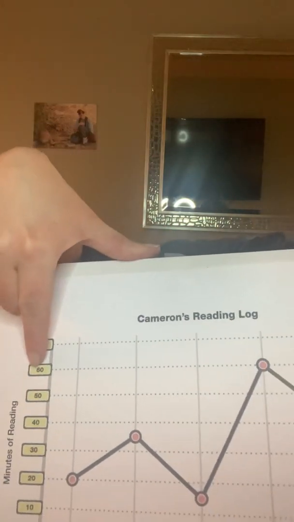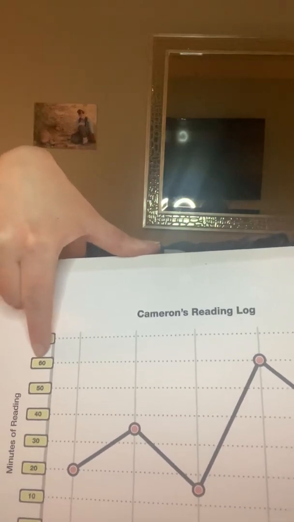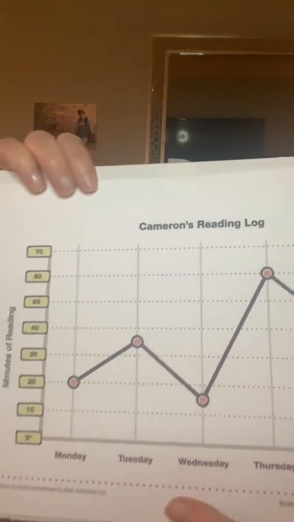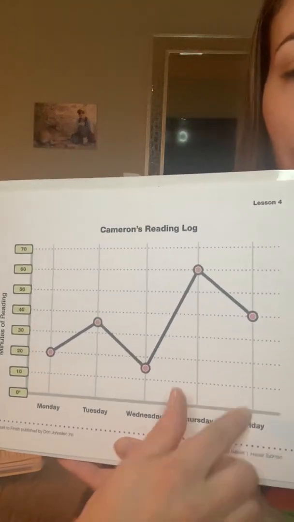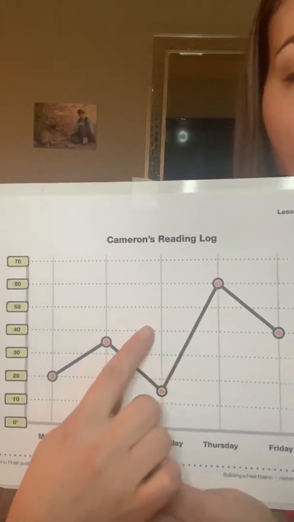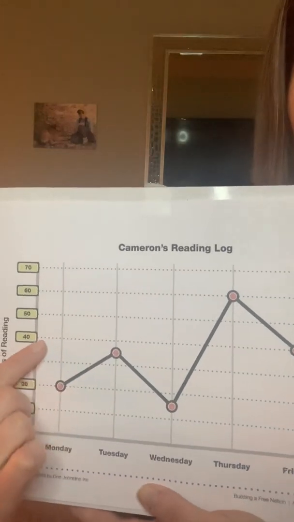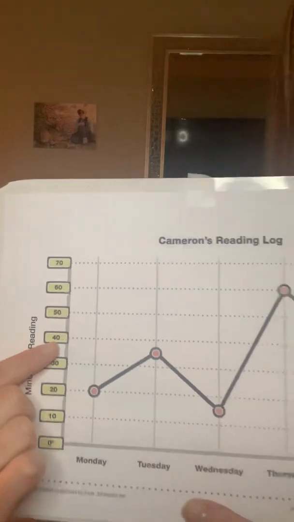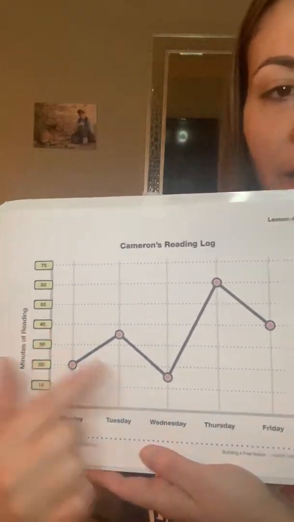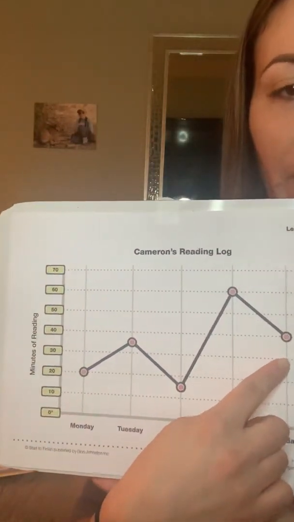That's the highest it's been so far. I'm going to follow it across, and I can see that he read for 60 minutes on Thursday. My last day is going to be Friday. Follow the point, go across. How many minutes is that? 40 minutes. So on Friday, he read for 40 minutes.